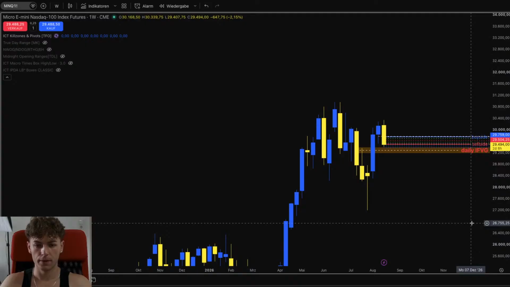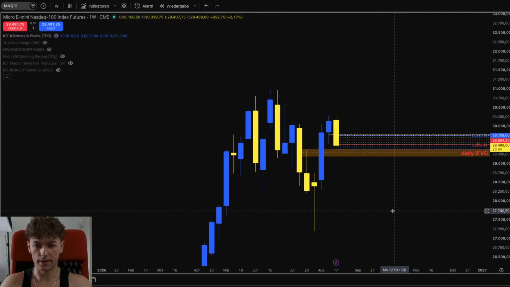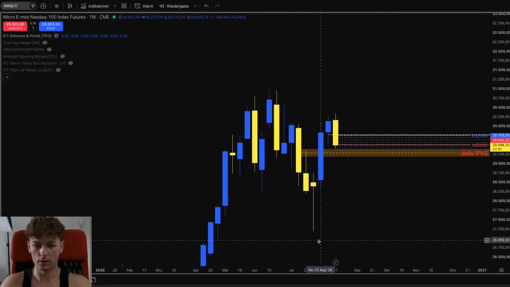So this is what the weekly chart looks like. Okay, we have a huge order block in here. Why is this an order block? Because we have 3 consecutive down close candles that are manipulating sell side, trading down into fair value gap.